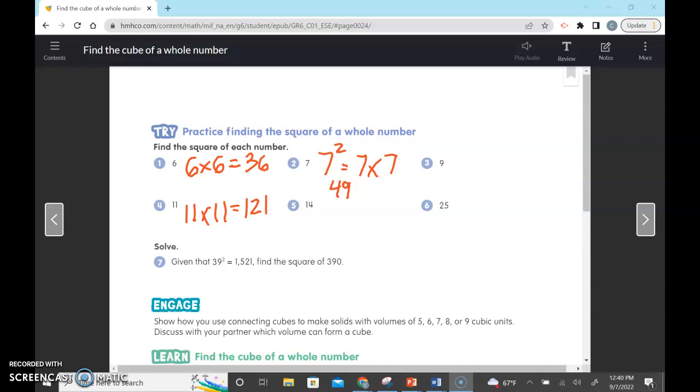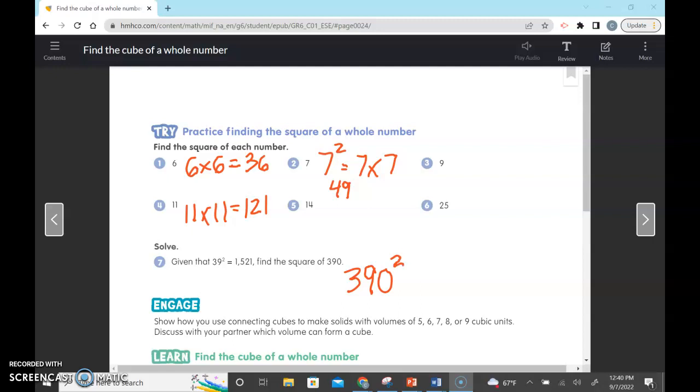Now let's take a look at number 7. It says, given that 39 to the power of 2, or 39 times 39, is 1,521, find the square of 390. You notice 390 is just a 0 added to the 39, and we're multiplying 390 by itself twice.